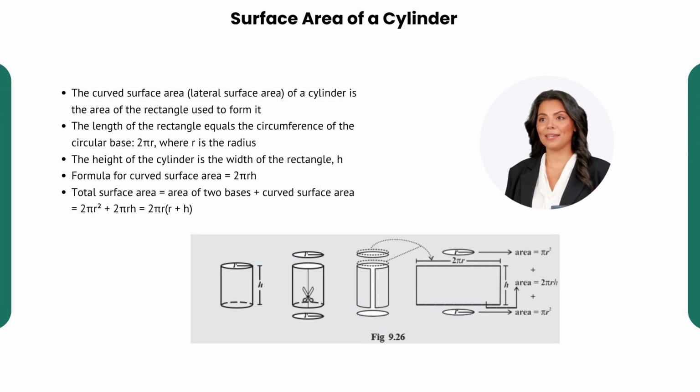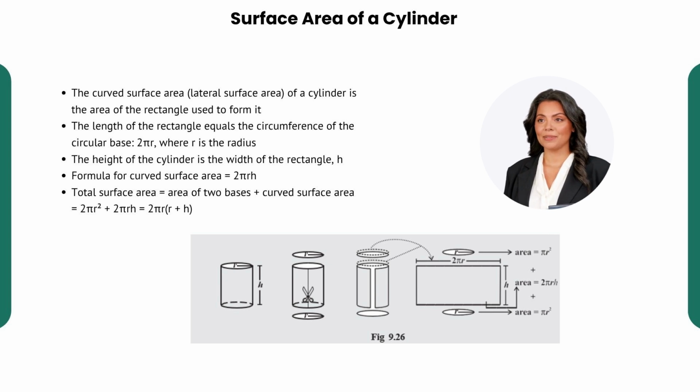Let's understand the surface area of cylinders better. Imagine cutting a cylinder vertically along its height and unrolling its curved surface. This curved surface becomes a rectangle. One side of this rectangle matches the height of the cylinder, and the other side equals the circumference of the circular base, which is 2 times pi times r.